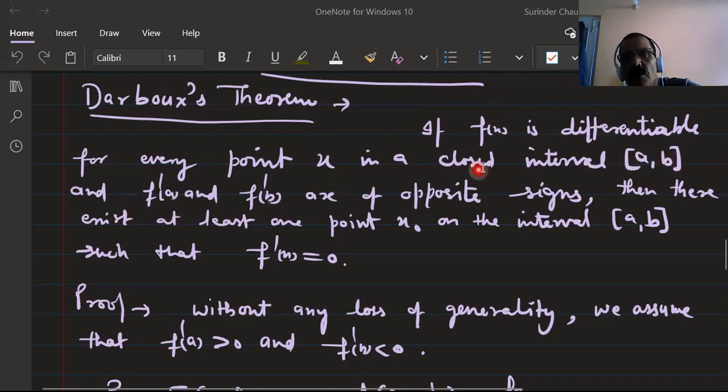If f is differentiable at every point in this interval, including the endpoints, then f dash a has some real value and f dash b has some real value.